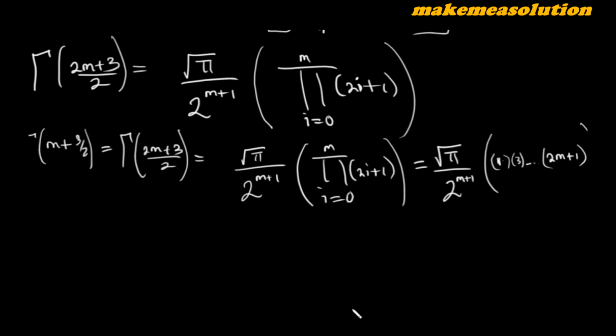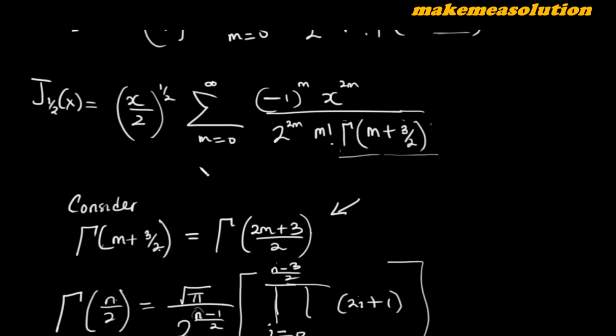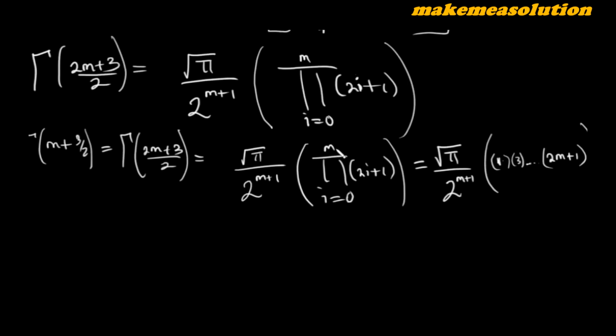Another thing we want to do is, in this particular denominator, now that we have used the formula that I derived in the previous video to expand the gamma of m plus 3 over 2, consider how this term interacts with these two.